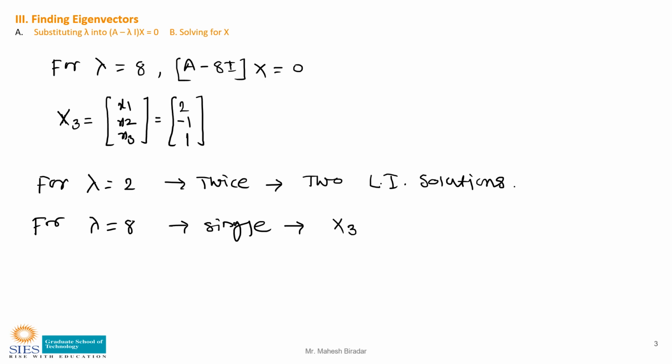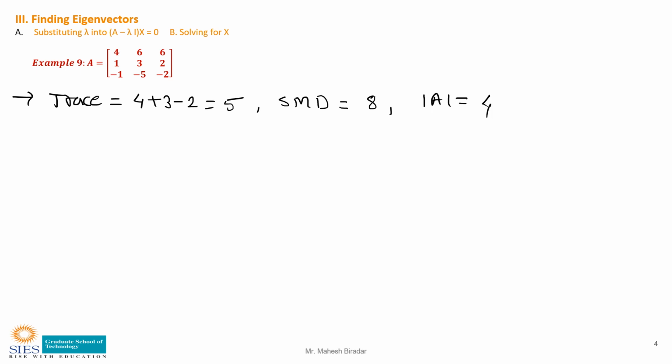Now we will move to the next example. You can see this example. We will calculate again by the normal procedure. Trace is 4 plus 3 minus 2, which is equal to 5. If you calculate SMD, same procedure, SMD is 8 here, and determinant you can calculate using calc also, which is equal to 4.